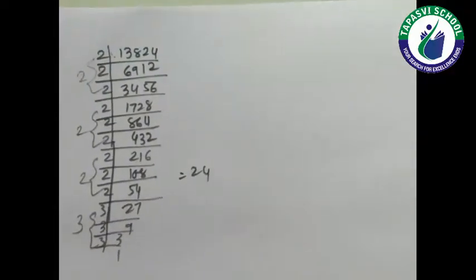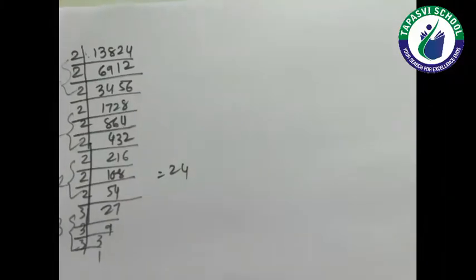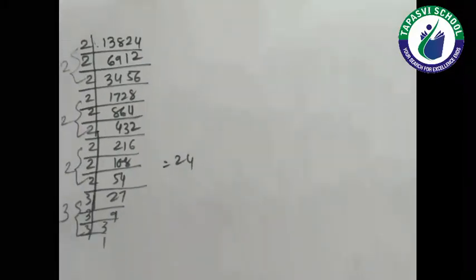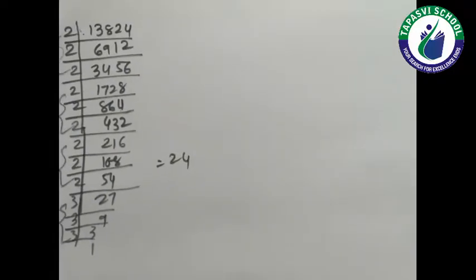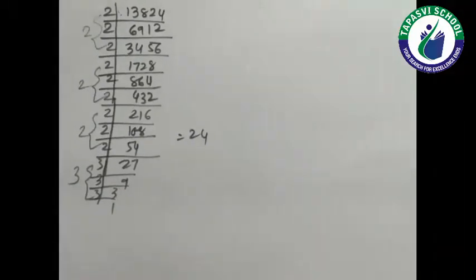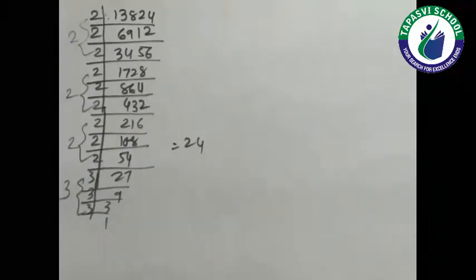Now here we will discuss the important points of cube and cube root. Here are the properties of perfect cube numbers. Property number 1.